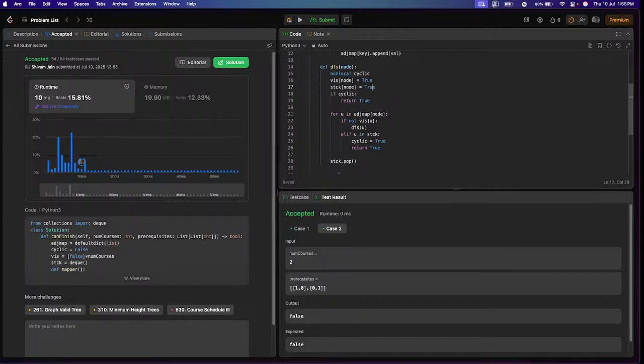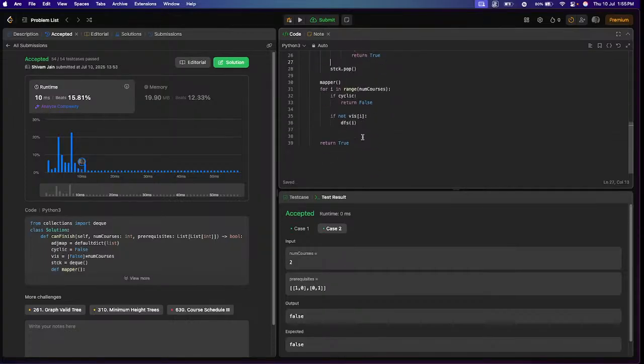It's in the stack. Now all we have to check is elif stack of v is true, then yeah, you have a problem here. Once that's done, you could do stack of v equals false.